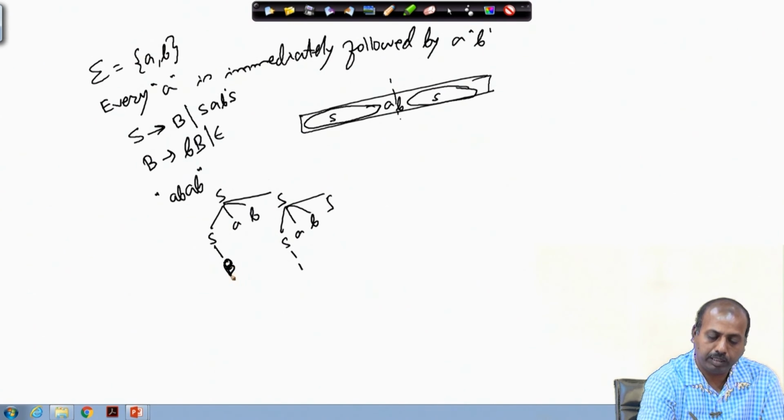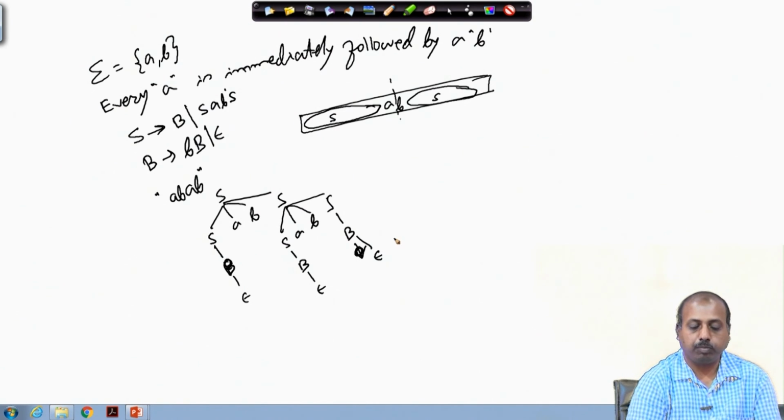So, this can give me B, and B can give me epsilon. So, this S gives me B, leading to epsilon. So, that is one possibility.